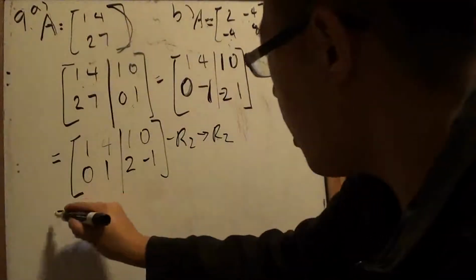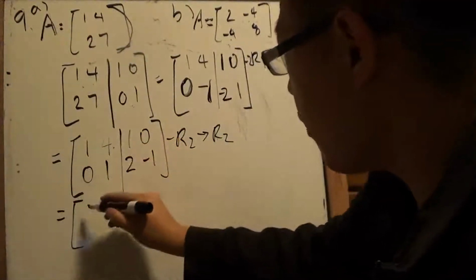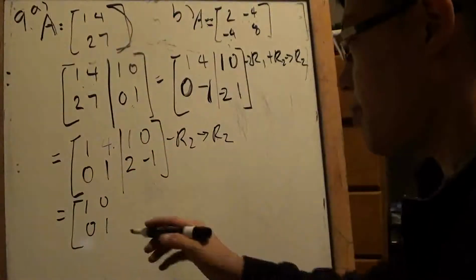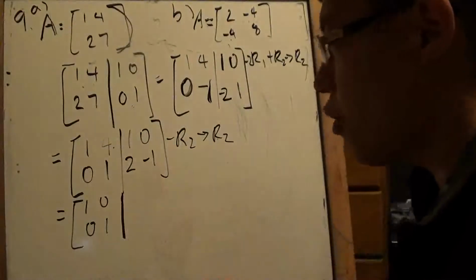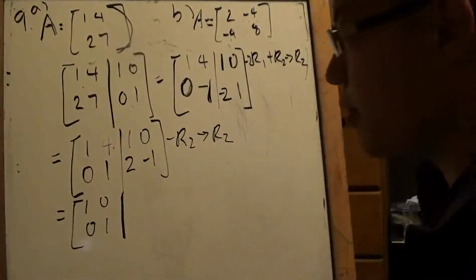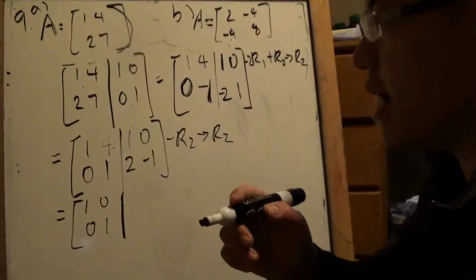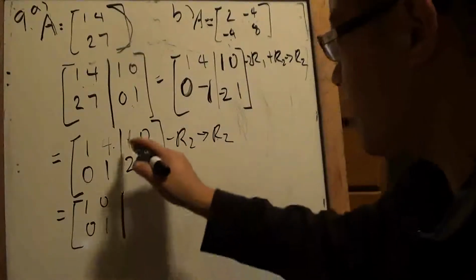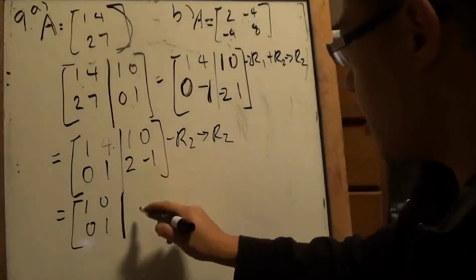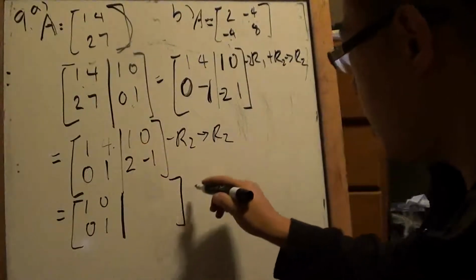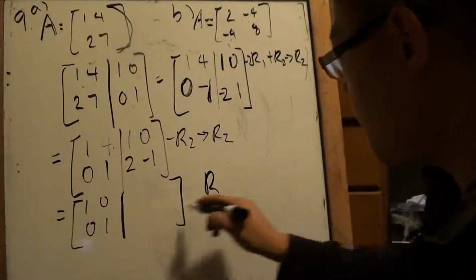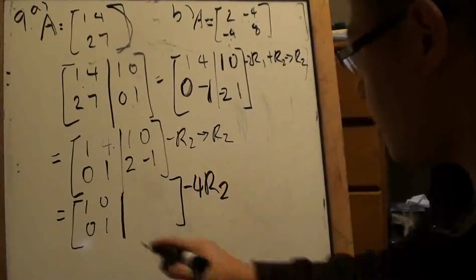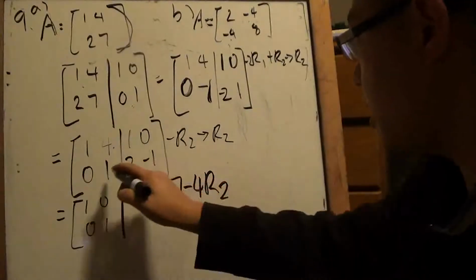Next, I'm going to get rid of the 4. In this case it's an identity matrix, 1 0 0 1, but I'm not sure that's always the case for bigger, more complicated dimensions. We will find out the truth when we do questions 13 to 15. What did I do? I did -4 times R2 added to the first row, because -4 times 1.